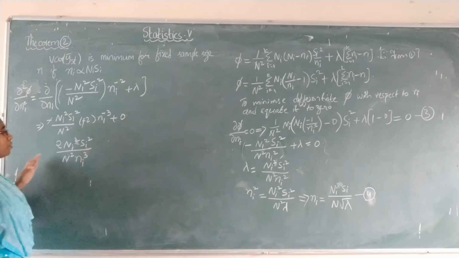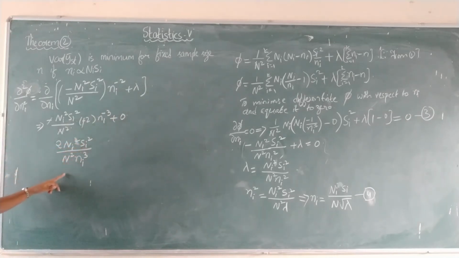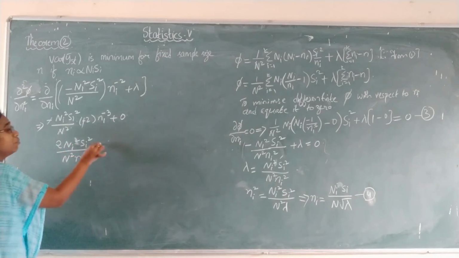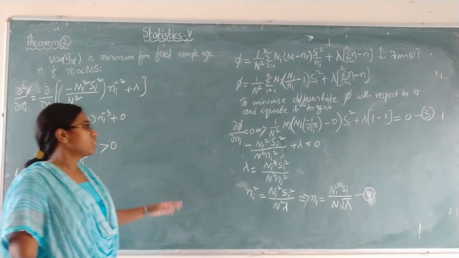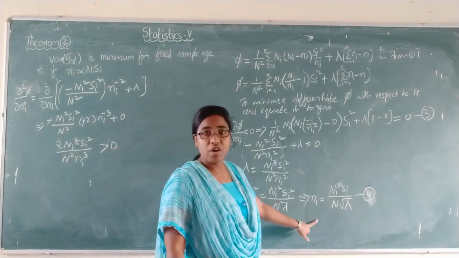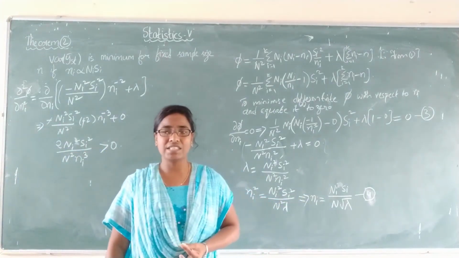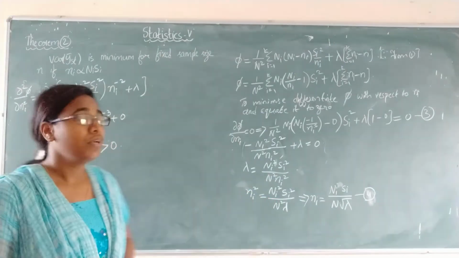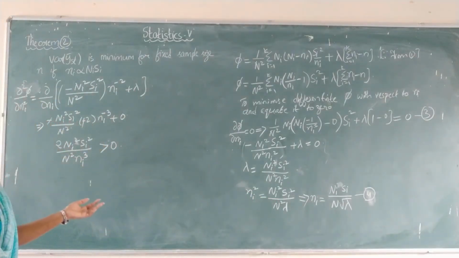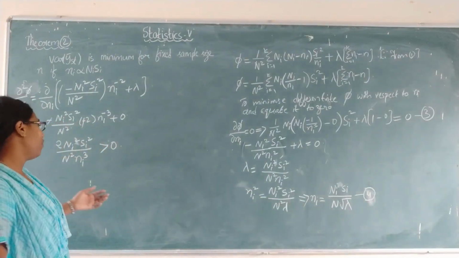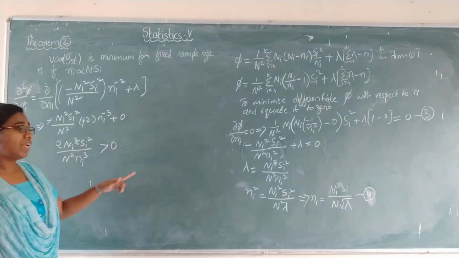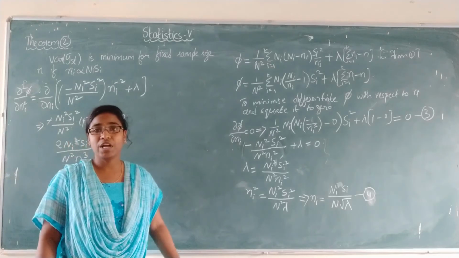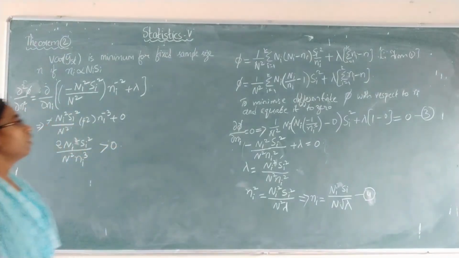If you observe this value, all are squares and ni is also the sample size, being a positive term, so this will obviously be greater than 0. So whatever ni we got can be considered as the minimum value, that is, it can be considered for minimizing the variance. Since the second differentiation is greater than 0, we can consider that ni value for minimizing our variance.